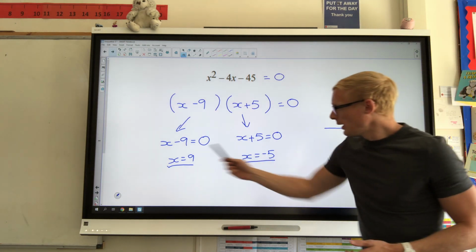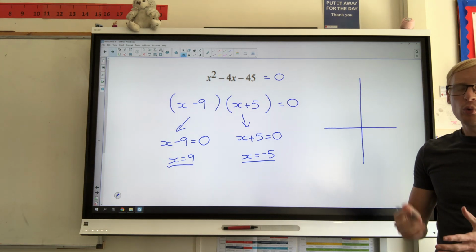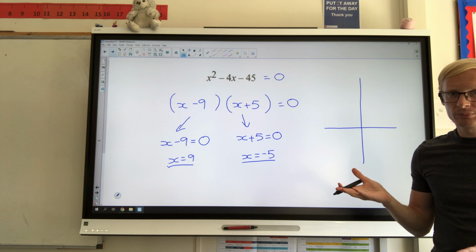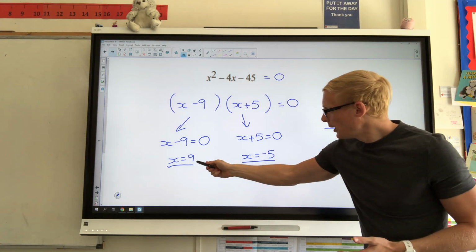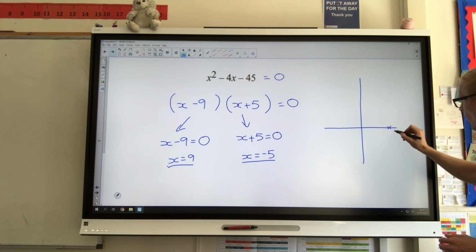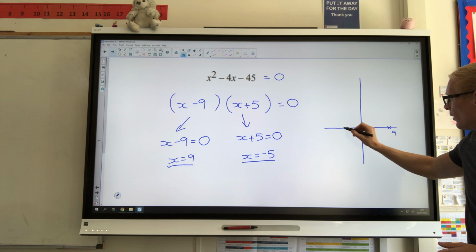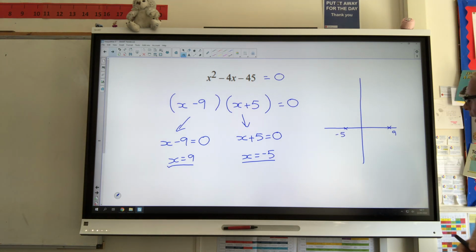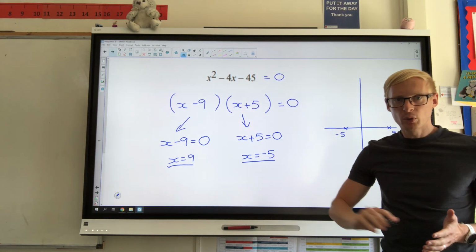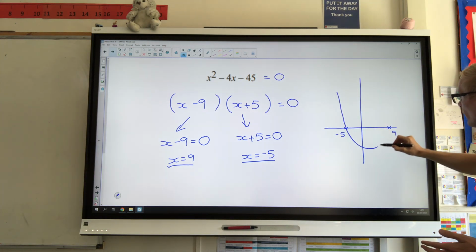And what you found here is, yes, you found the solutions to the quadratic, but those solutions are also the x-intercepts, okay? So if you look here, x equals 9, and this is just a sketch, it doesn't need to be perfect at all. We're saying x is 9 is around there. x is negative 5, we're looking somewhere around there. And then because the general shape of a quadratic is a parabola, you're looking for a sketch that looks something like that.